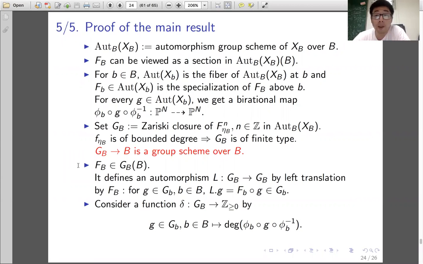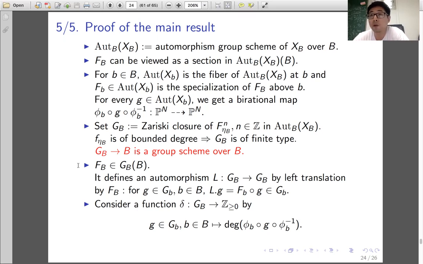Now we consider a function from G_B to non-negative integers: for every point g in G_B, it induces a birational self-map on Pn by phi_b∘g∘phi_b^{-1}.